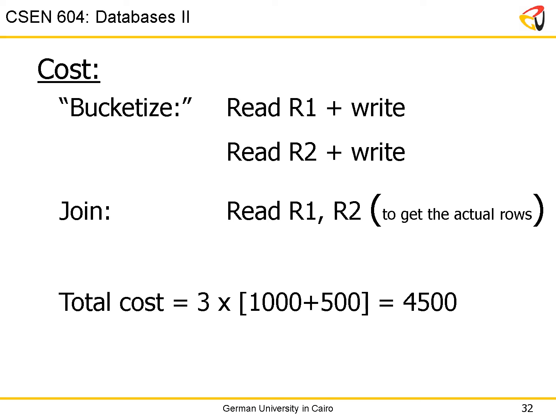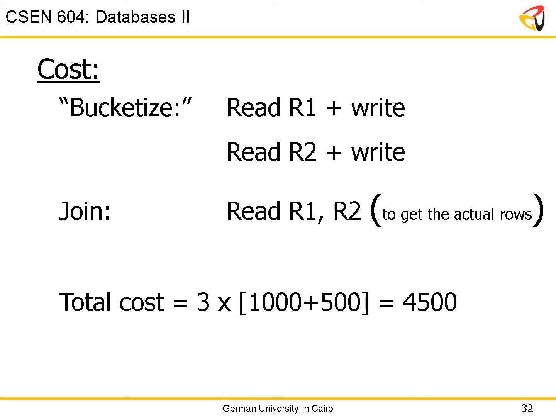And when we find a match, let's say 20 in the R1 bucket and 20 in the R2 bucket, we need to go and read the page that has the 20 in R1 and the page that has the corresponding row in R2. So I'm going back to the tables on disk for R1 and R2 to get the actual rows that I will include in my result set. So that's an additional I/O.